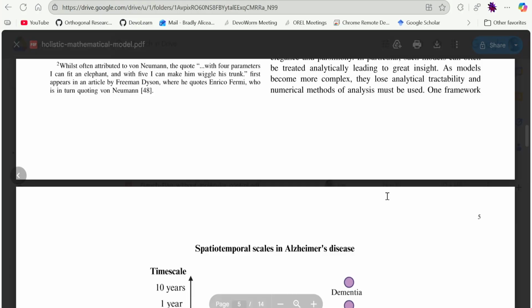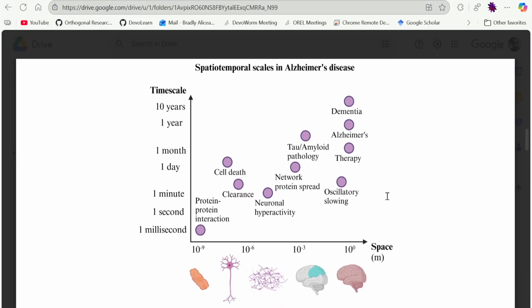So then they get into different types of models. This is interesting. This is spatiotemporal scales in Alzheimer's disease. This is a very complex disease presenting different symptoms, having different mechanisms, and at different time scales. We have space in meters and time scale from milliseconds to years.